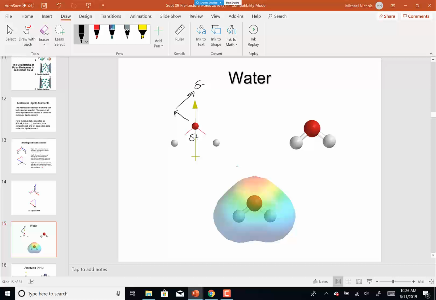A molecule is polar when the charge on its surface is uneven. For water, and you'll see these pictures in the book because they're so easy to generate, the red means delta minus and the blue means delta plus. In water, near the oxygen is delta minus, and near the hydrogens is delta positive. And so water is a polar molecule.